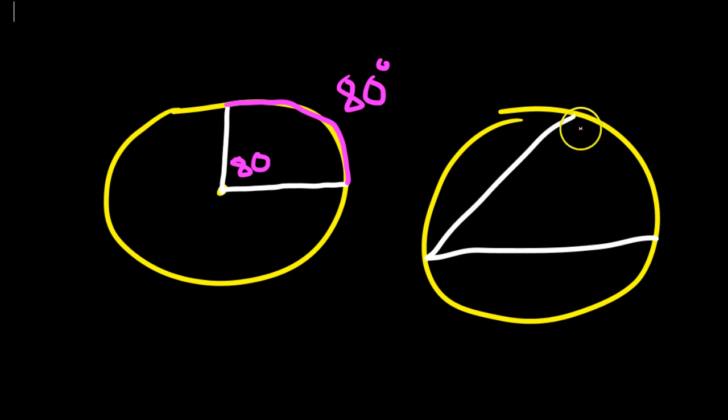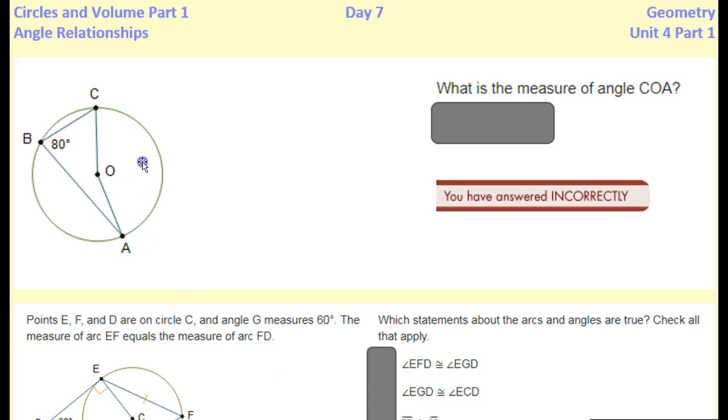The angle is going to be half the measure of the intercepted arc. So let's say the intercepted arc is still 80 degrees. The inscribed angle will be 40 degrees because it's half. So memorize these two situations. We're going to need that for the first problem.